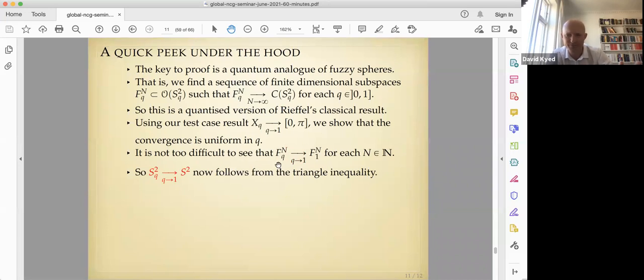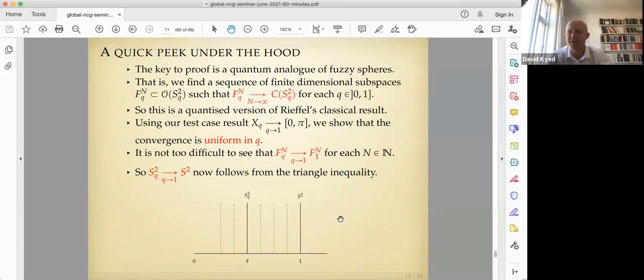So rather than walking you through more computations, I wanted to just illustrate what is going on. Down here, I have my deformation parameter Q, and over the number 1, I of course have my classical two-sphere, and then for each Q, I have a Podleś sphere sitting there.